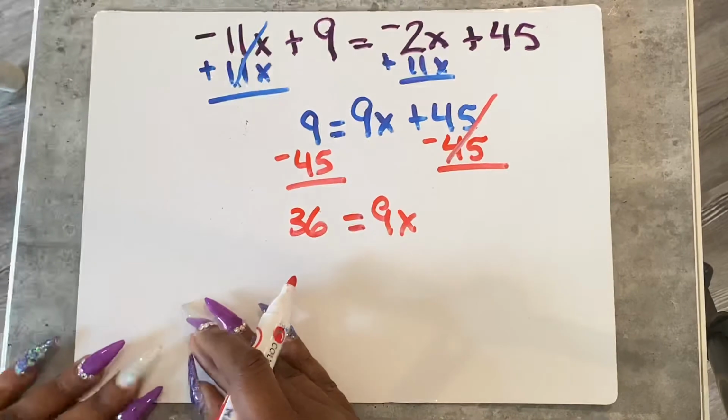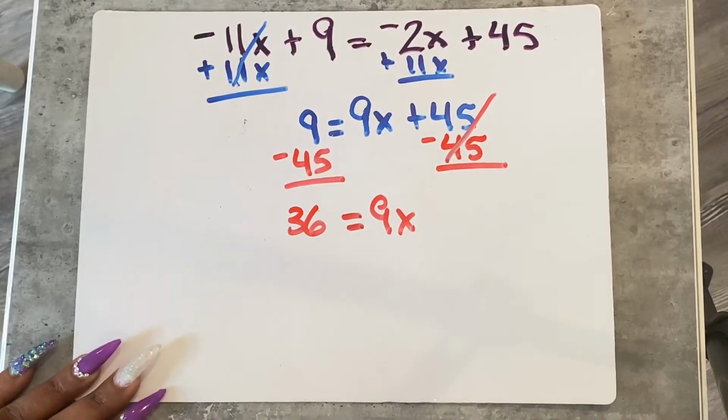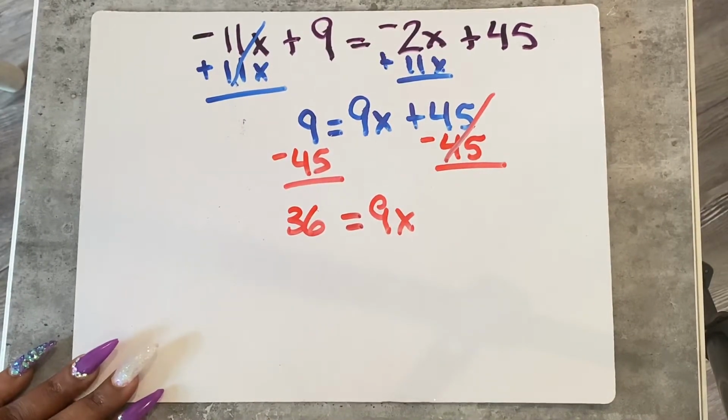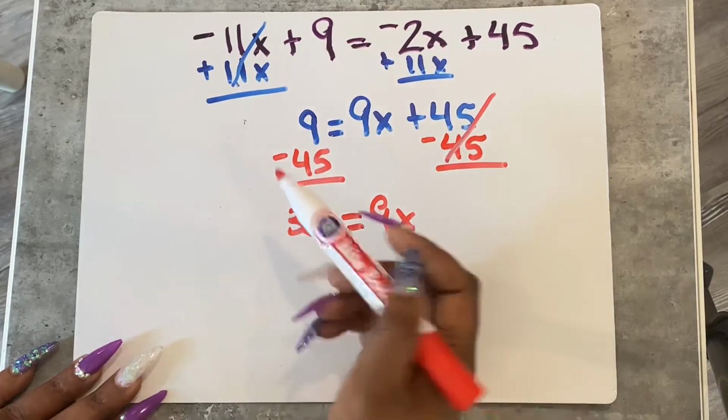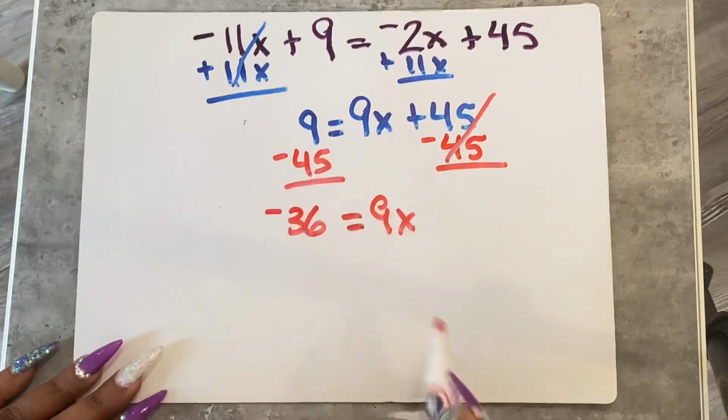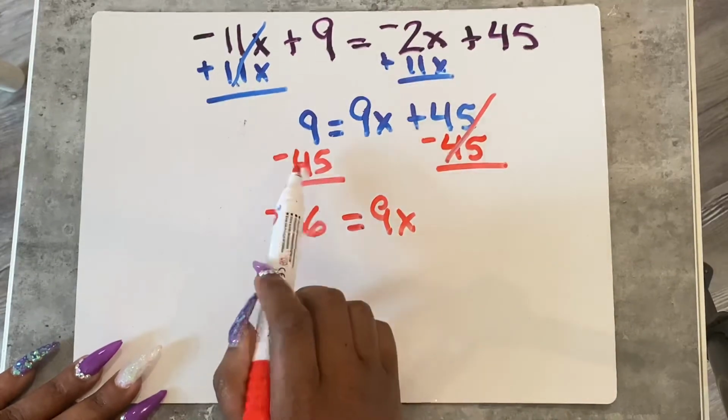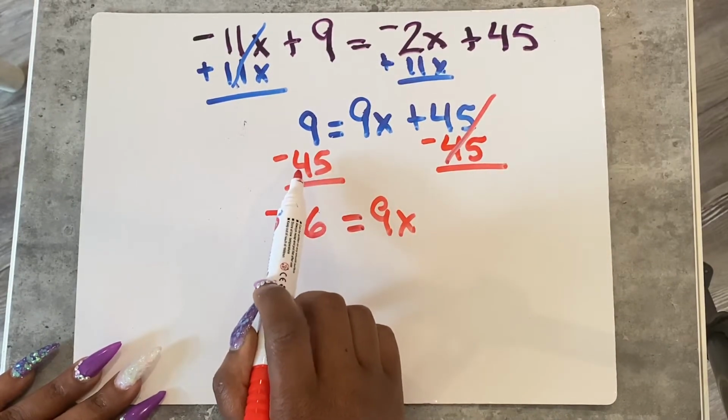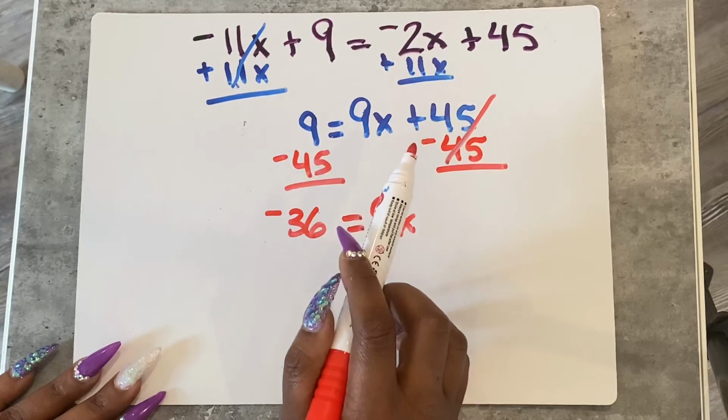Is it a positive 36 or a negative 36? This is where some of my lovelies forget. You forget something here. What did we forget? Our negative sign. Because the 45 has a greater absolute value than the 9.